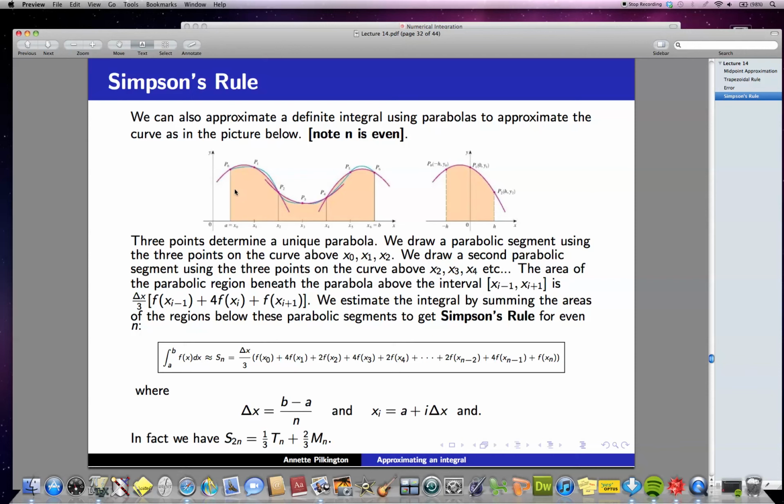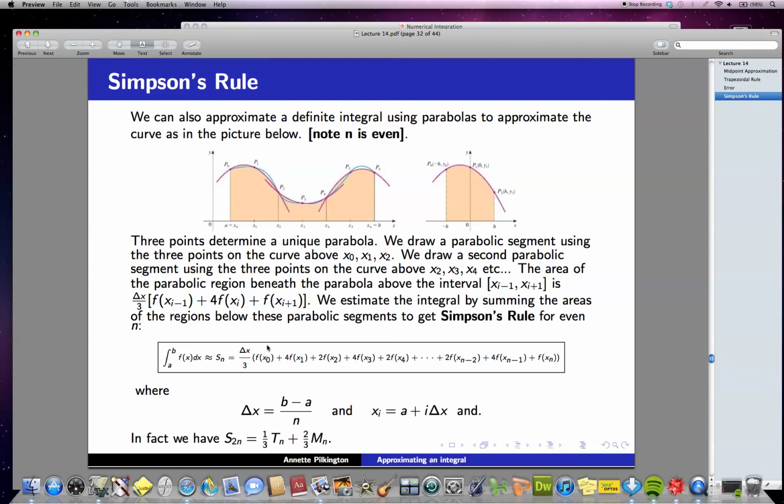And then I add the areas under these parabolas together, and that's Simpson's Rule. That's Simpson's approximation to the integral from a to b, or the area under the curve between a and b, of f of x dx.